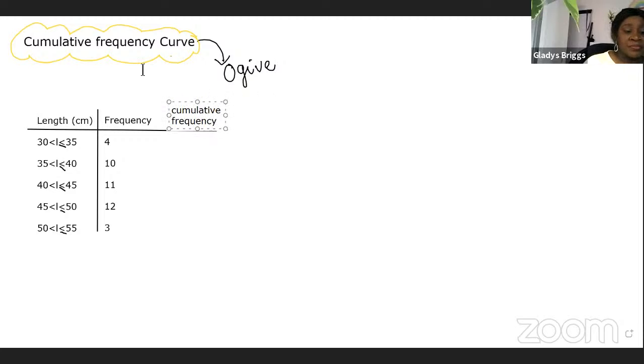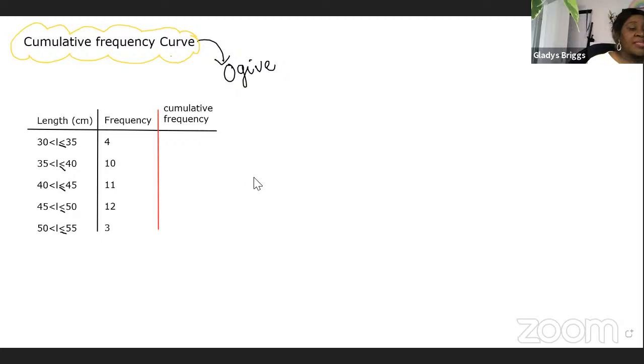So we're going to put that column there. Okay, so there we have it.